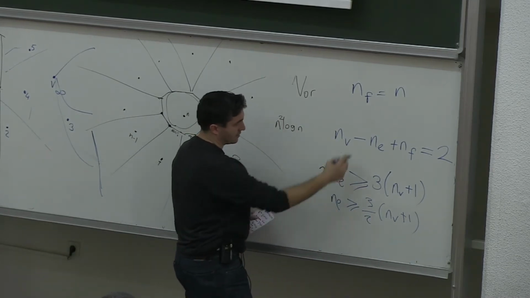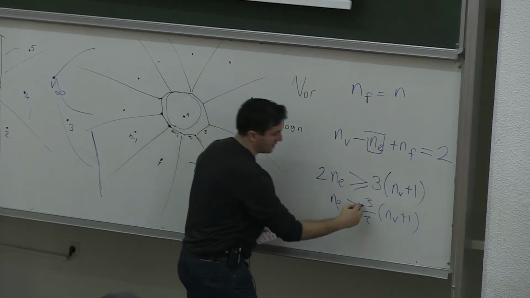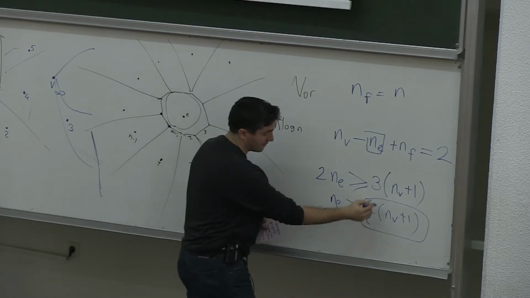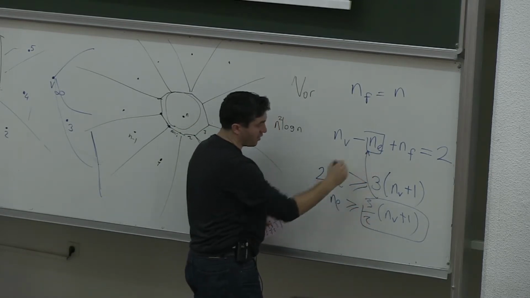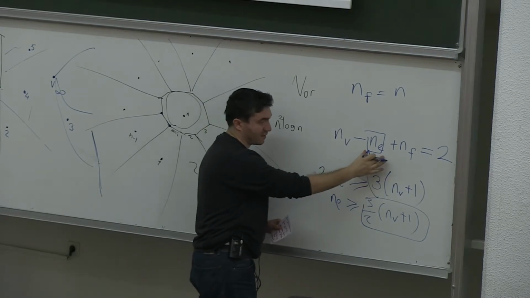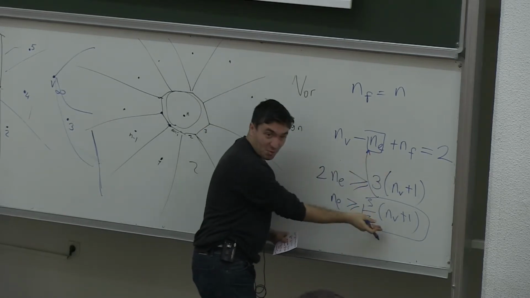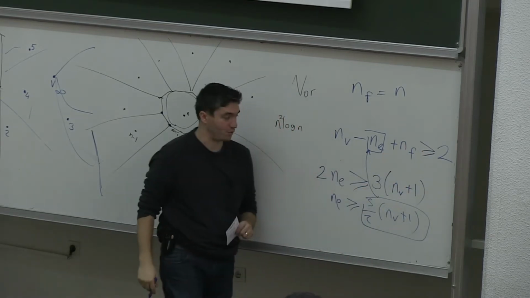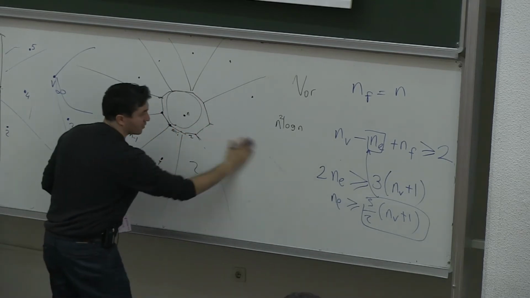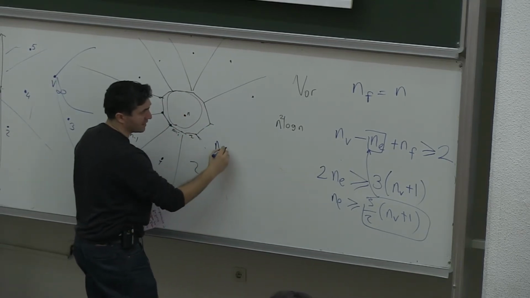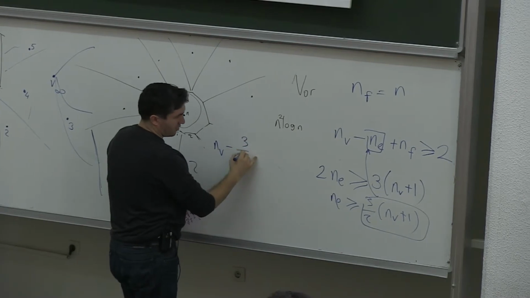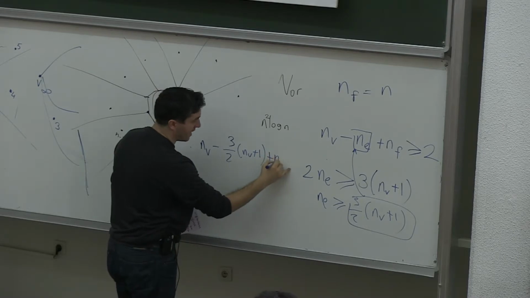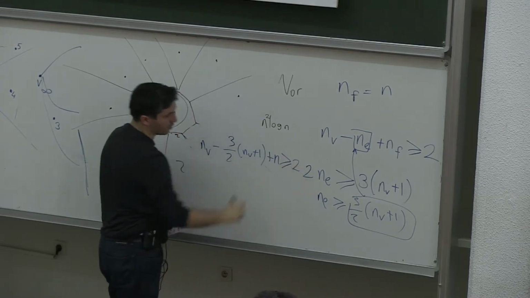If I replace the number of edges with something smaller, since the number of edges is greater than this, I will be subtracting something which is smaller. So this is going to be greater than or equal to 2. In other words, the number of vertices minus 3 over 2 times the number of vertices plus 1, plus n, is greater than or equal to 2.